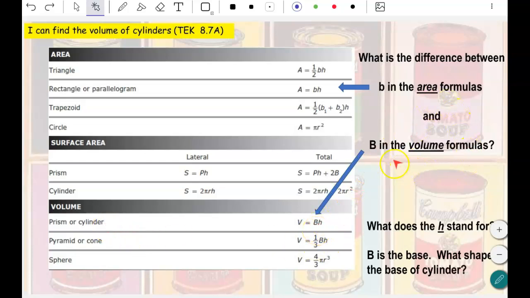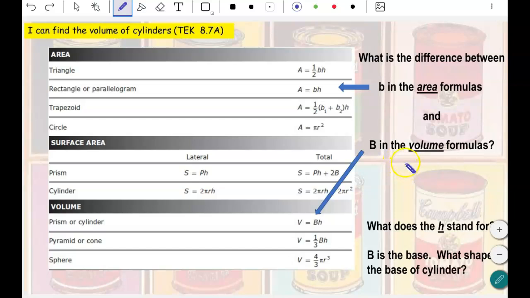So let's look at this. B in the volume formulas is the area of the base. What does the H stand for? It's the height. And what is the shape of the base of the cylinder? It's a circle. So let me just jot this down. Make sure you have this in your notes or take a screenshot.